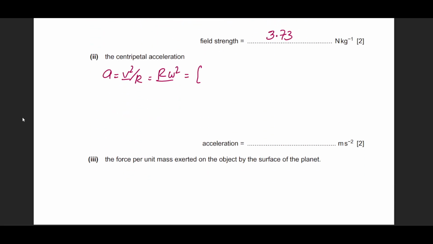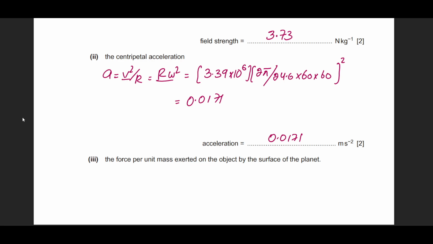So this is going to be 3.39 into 10 raised to the power 6, the radius, into 2 pi divided by 24.6 hours multiplied by 60 minutes multiplied by 60 seconds, and this has to be squared. Don't forget the square. So this is going to come out as 0.0171 meters per second square.